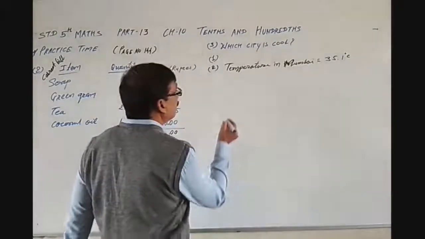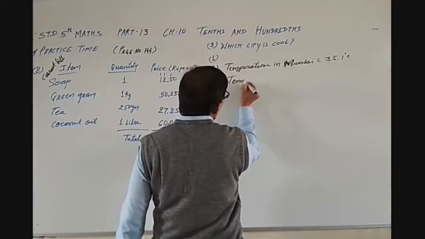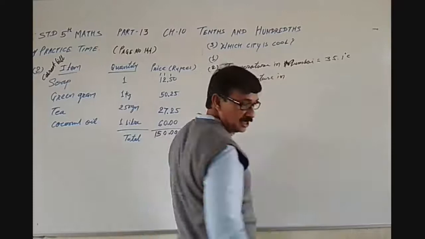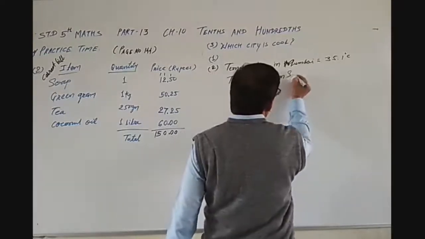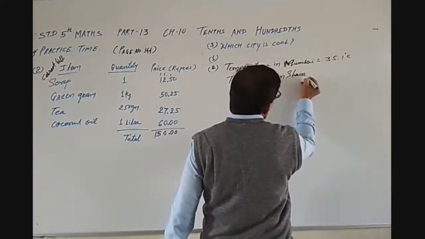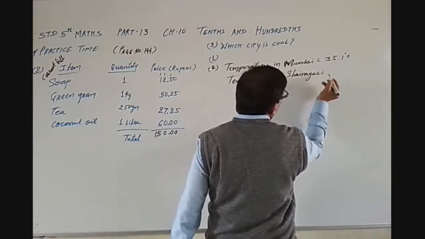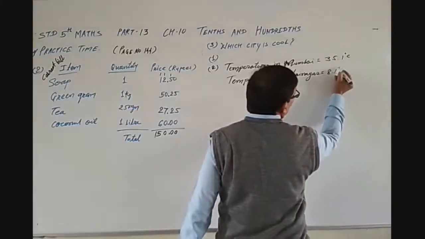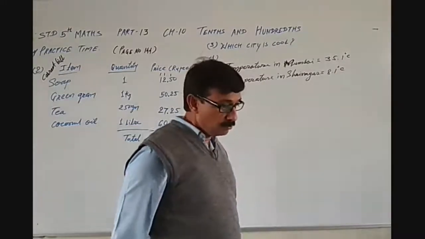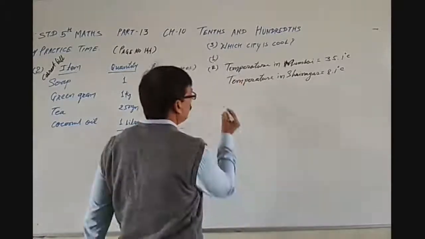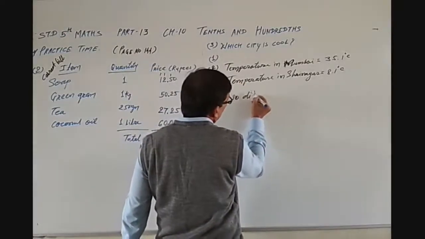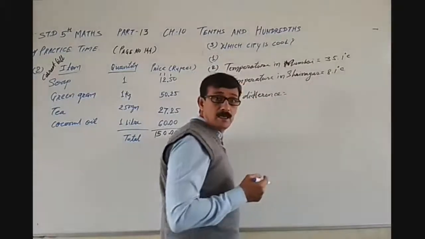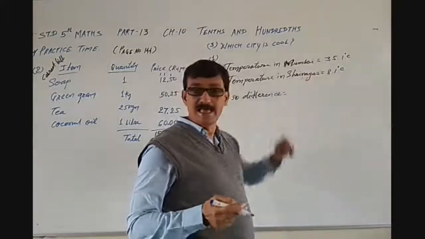And the other, that is Srinagar. So the temperature in Srinagar is equal to 8.1 degrees Celsius, isn't it? So the difference is equal to: deduct the lowest temperature from the highest.